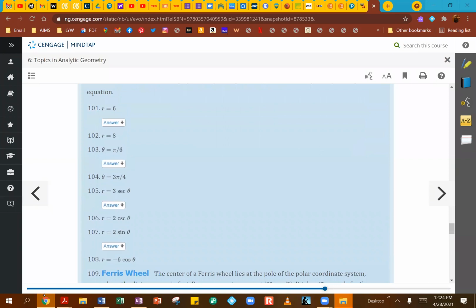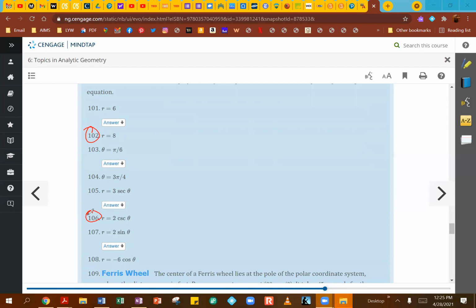So you will see how in 102, they're just giving us r equals 8. And we have to convert this to rectangular coordinate. And 106 is something similar. They're giving you r equals 2 times cosecant theta. And we have to write this in our rectangular form.